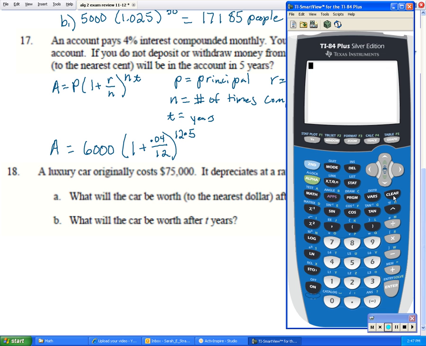Alright, now when I type this in, if I don't know what 12 times 5 is, I'm going to do 12 times 5, which is 60. So now I'm going to do 6,000 times 1 plus 0.04 divided by 12, close my parentheses. Whoop, I'm missing a 0. Not good. Put that in there.